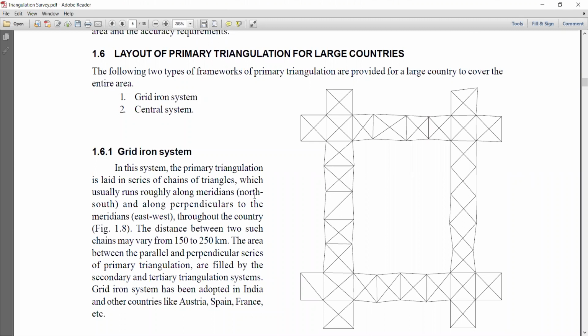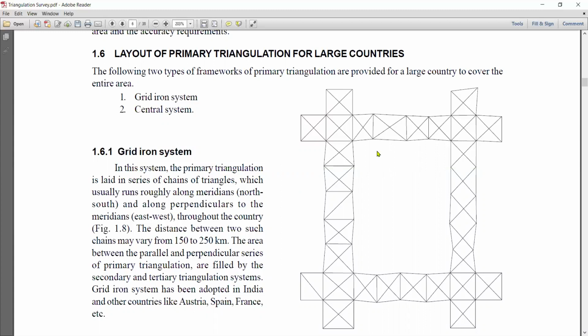In the system, primary triangulation is laid in a series of chains. We can consider this as a single chain system, a chain of triangles which usually runs roughly along the meridian, north to south direction, and perpendicular to the meridian, east to west direction, throughout the country.